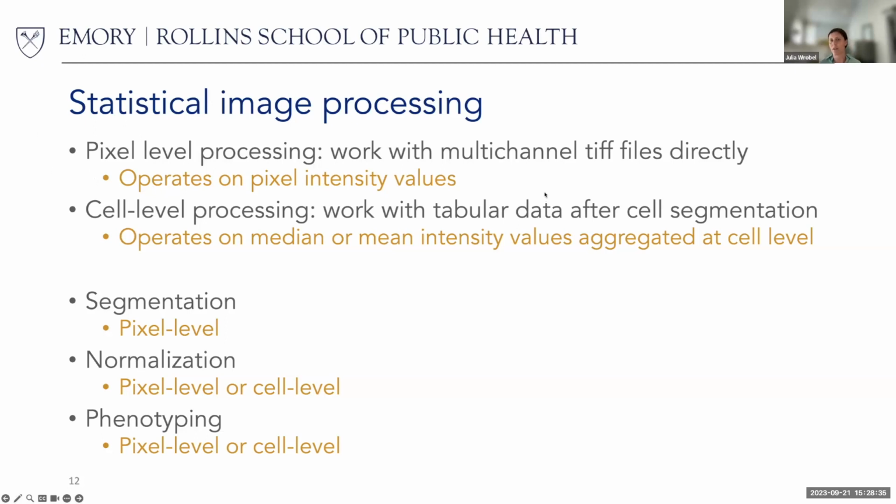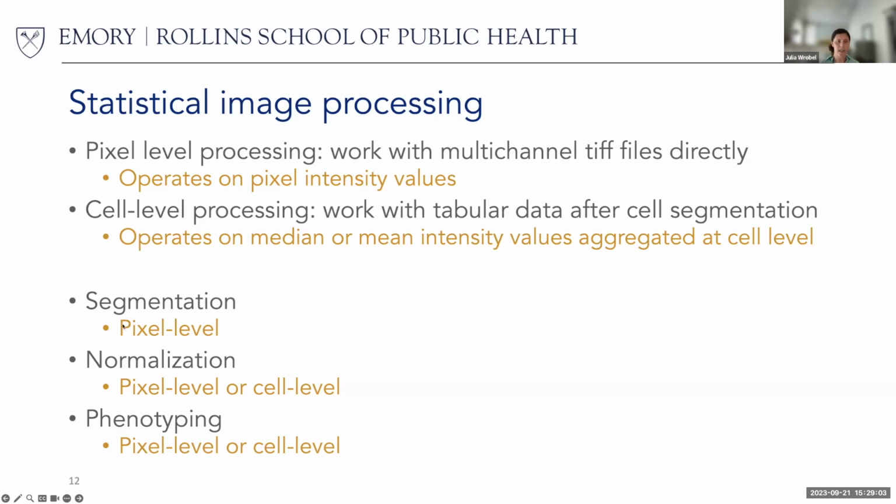So then you're working with the multi-channel TIFF files directly, and you're operating on pixel intensity values, or you can work at the cell level. So after cell segmentation, which I'll touch on what that means, then you have cells which are made up of pixels, and you can aggregate at the cell level, just take the mean intensity value across the pixels and operate with that cell level intensity value as well, which can be easier because you don't have as much data, your data isn't as large.